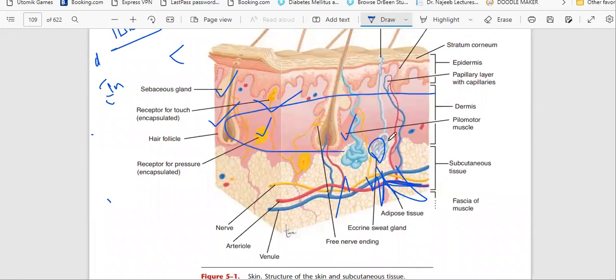We have capillaries. These are the capillaries, red and blue in color. These are the sebaceous glands. Sorry, this is the sweat gland, which produces sweat. And we have hair follicles.